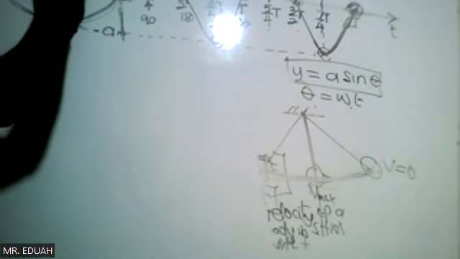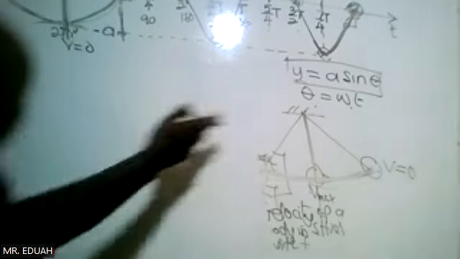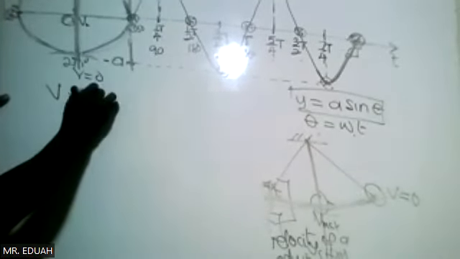So let's see. This body is oscillating. V is zero here. V is zero here. V inverse. Let's see the formula. The formula will tell us we had the velocity of a body doing simple harmonic motion as A omega cos omega t.